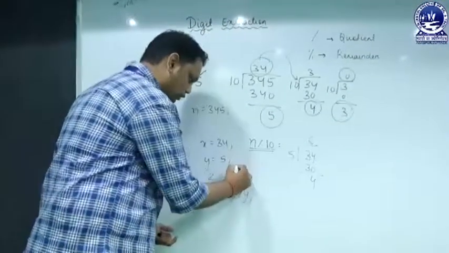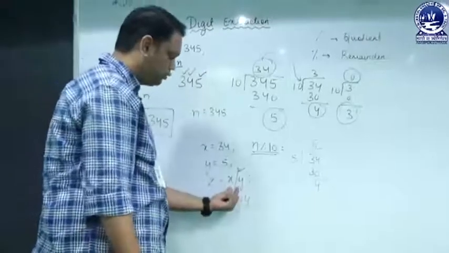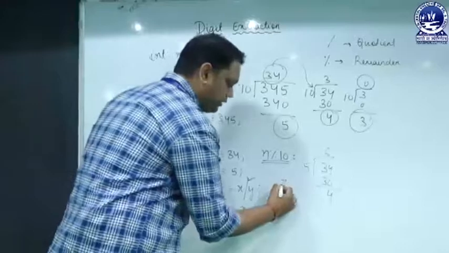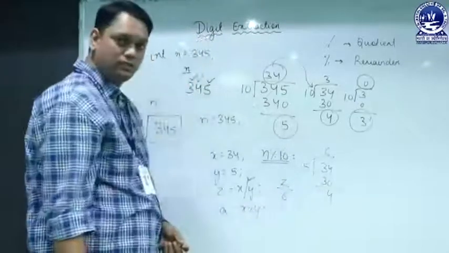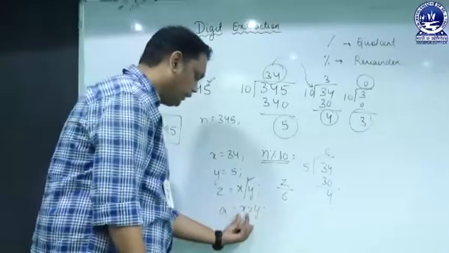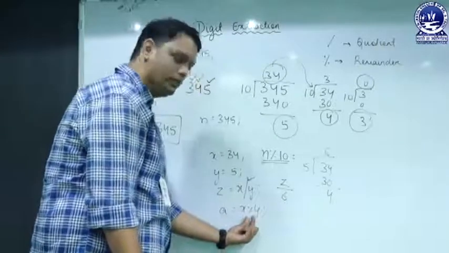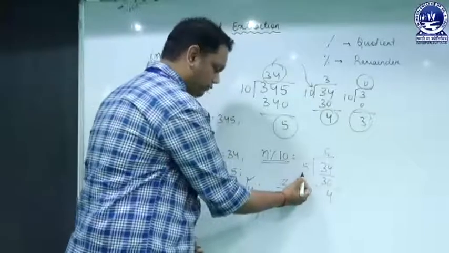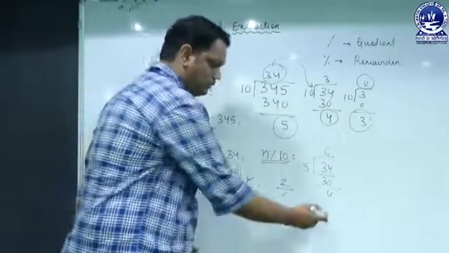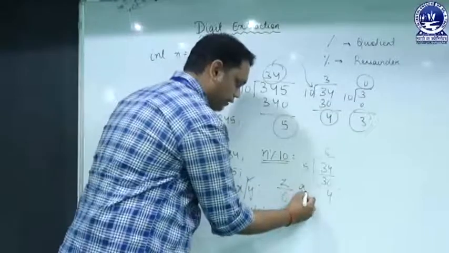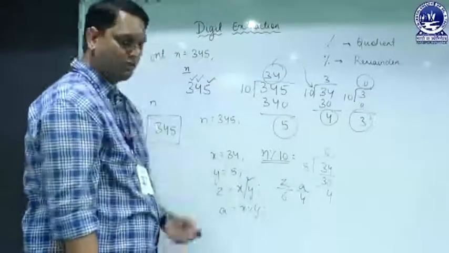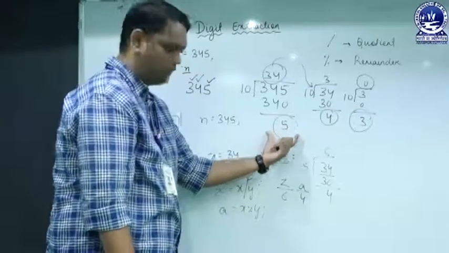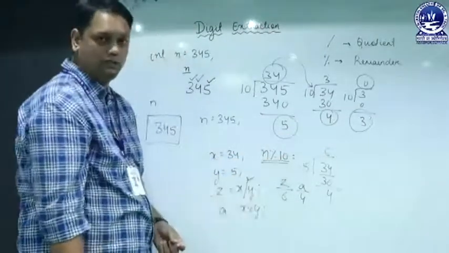As we have used the division operator, the quotient will be returned, that means 6 will be stored in z. Similarly, when we divide x by y using the modulo division operator, 34 will be divided by 5 and the remainder will be returned, that is 4, and 4 will be stored in a. So in this way, if we want to get the remainder of anything, we use the modulo division operator.